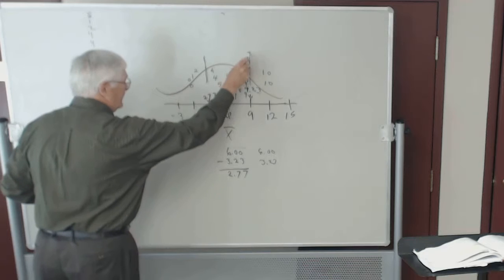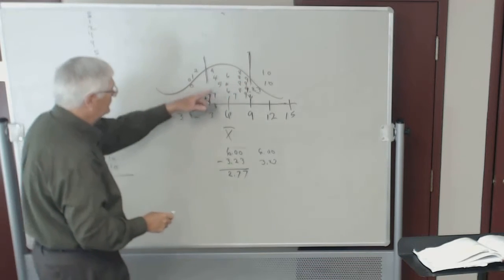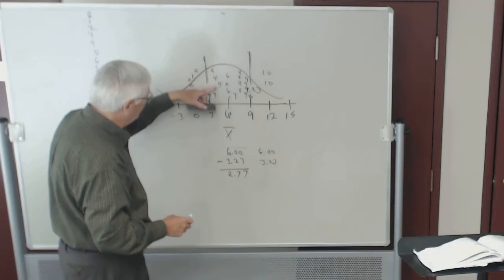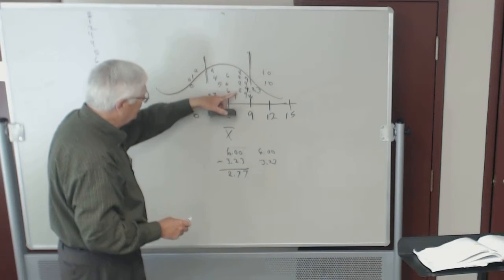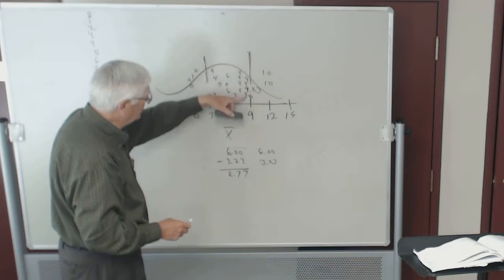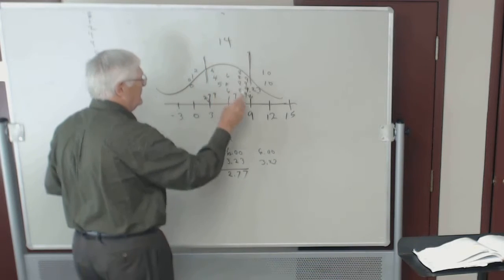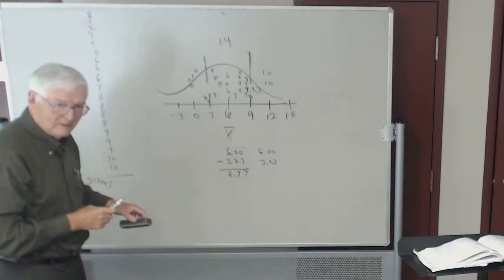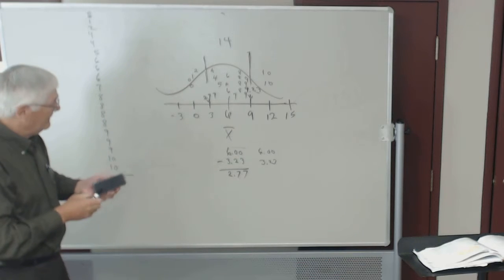See, here's one standard deviation. So how many of the scores are within this range? 1, 2, 3, 4, 5, 6, 7, 8, 9, 10, 11, 12, 13, 14 of them? 15, 16, 17, 18, 19, 20. 9.23, he was just exact.